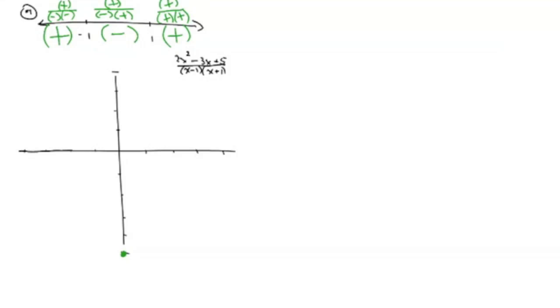The next bit of information was the vertical asymptotes. Step number 2. 1 and -1. Yeah, horizontal was next. So 1 and -1. So these are lines that the graph can never, ever cross.